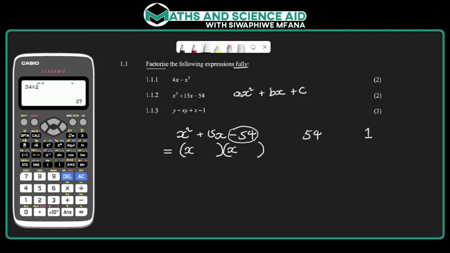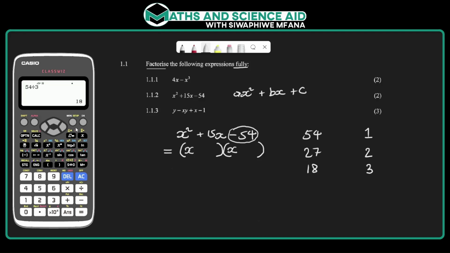So if you take 27 and multiply it by 2, you are going to get 54 again. Let's see if we have got more. We can take 54 again, and this time let's divide it by 3. Indeed, we also get a whole number again. So if you take 18 and multiply it by 3, you can get 54.